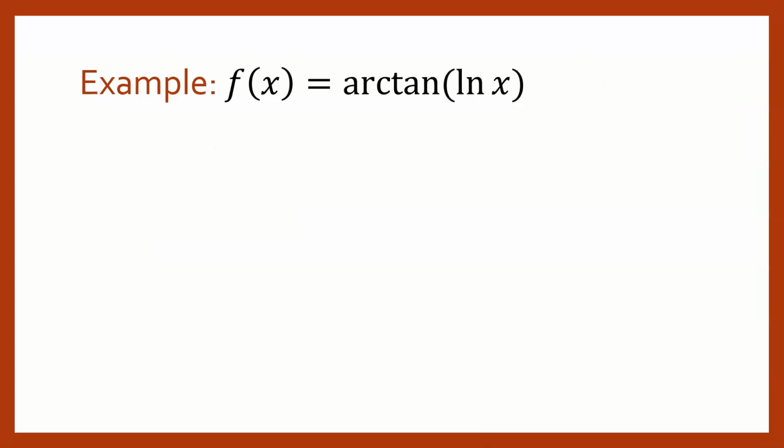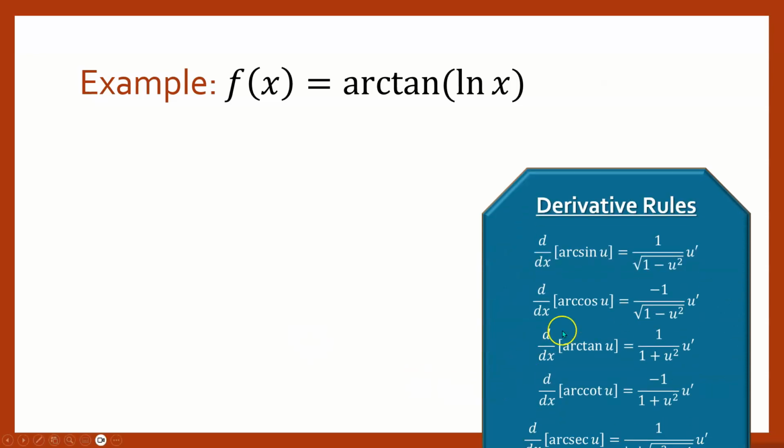What about if f of x is the arctangent of the natural log of x? So here, if you look at the big picture, this function is the arctangent of something. That something happens to be the ln of x. It's a composite function. We're taking the arctangent of the natural log of x. But the rule is the derivative of arctangent of anything is 1 over 1 plus the anything squared times the derivative of the anything.